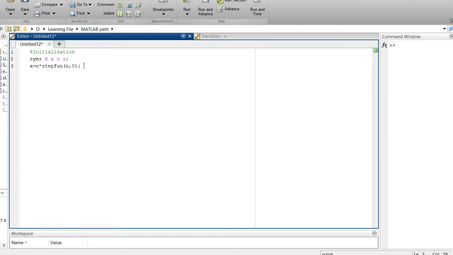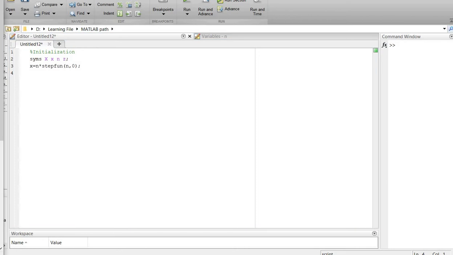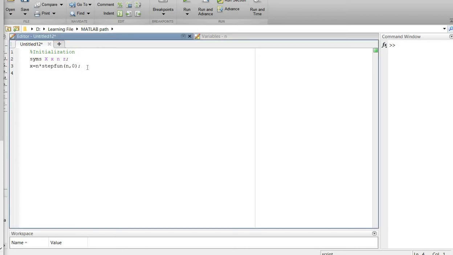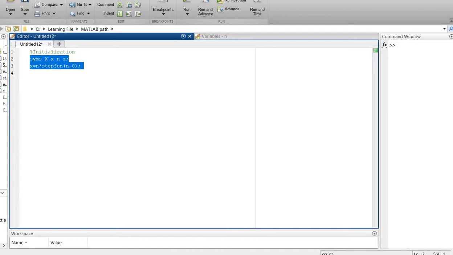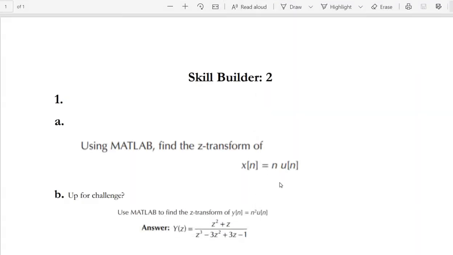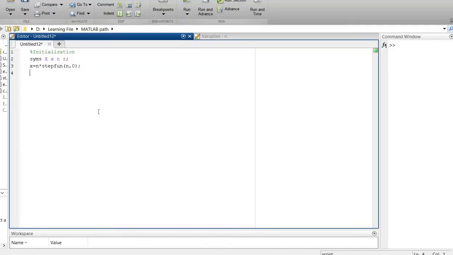Okay, and let's go for the important part. Again, we're having this initialization because of our problem, n u of n. So u of n is the stepfun in MATLAB programming. You could also initialize it using ones, but I prefer to use stepfun.